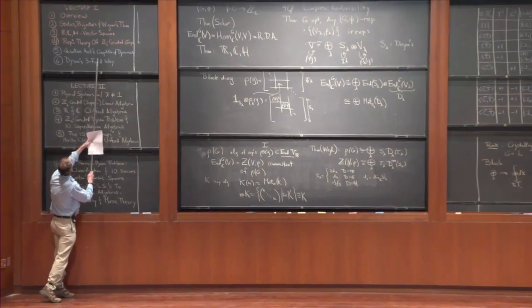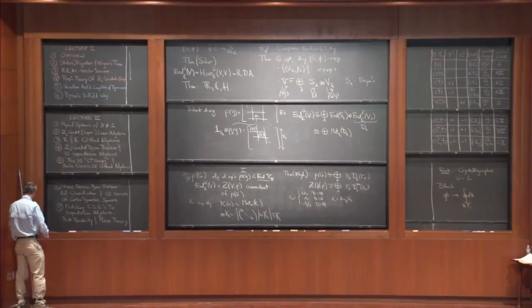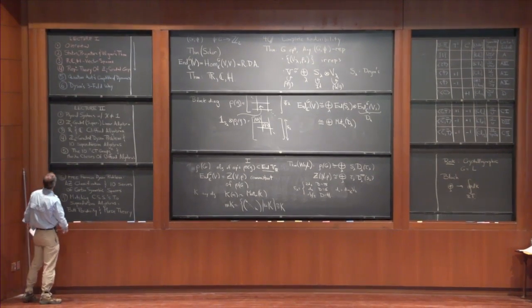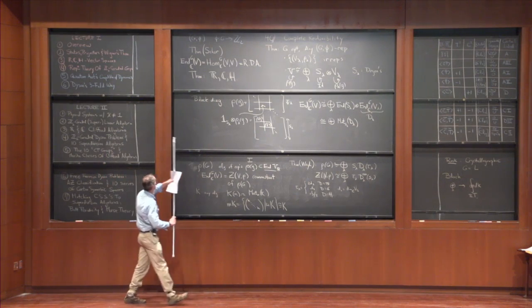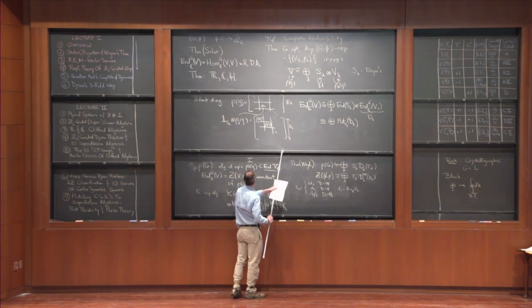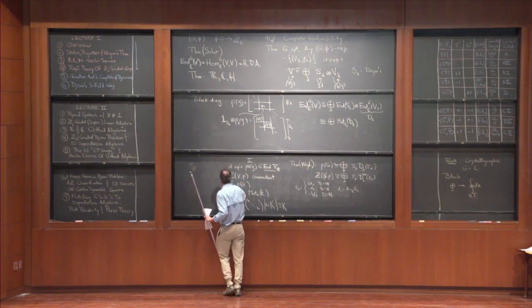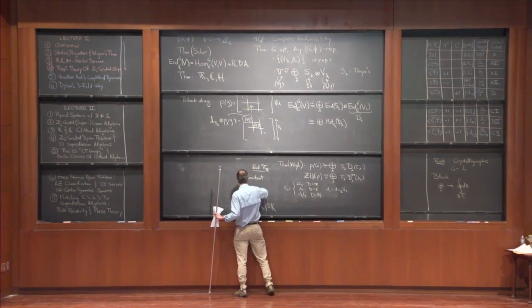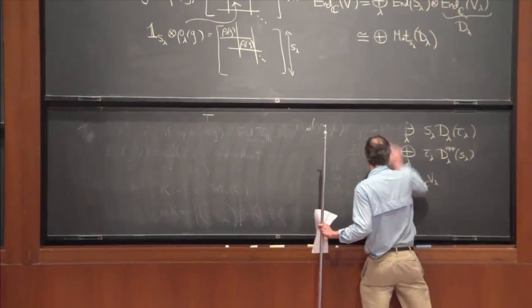That completes section 4. And now I want to talk about quantum automorphisms compatible with a group action. So I'm deliberately not using the word symmetry because the word symmetry means many things to many different people.